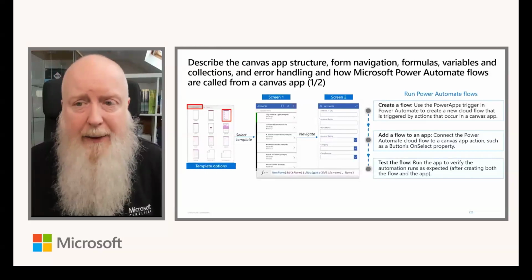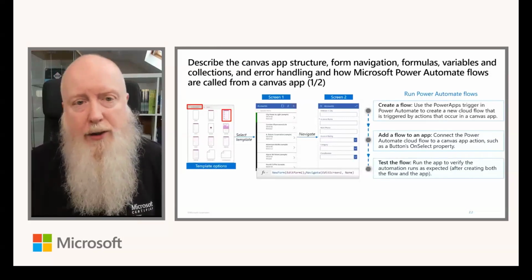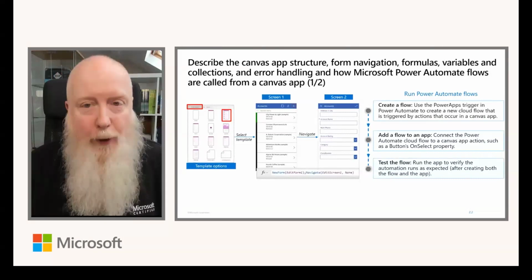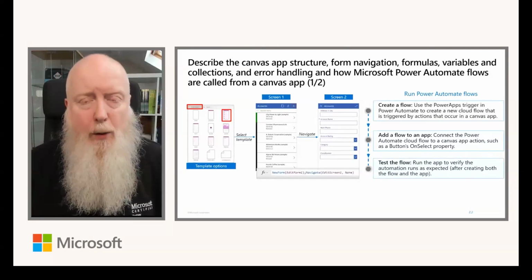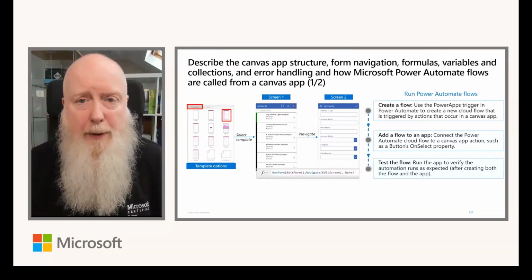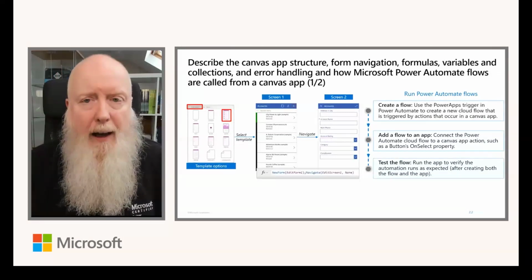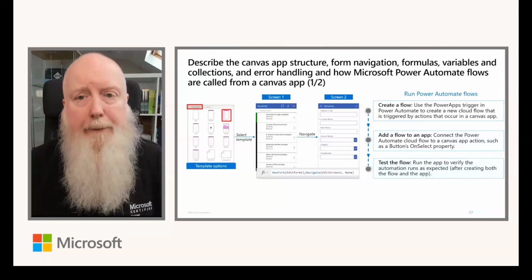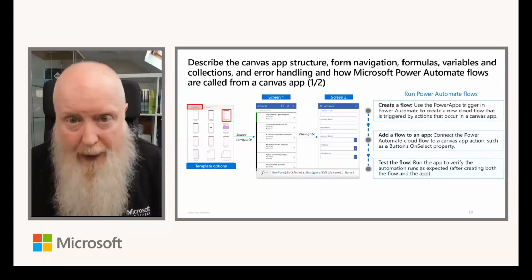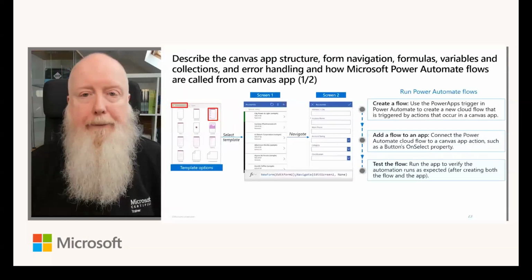So I use the Navigate formula to go from one screen to another, and I use the Back formula to go back. We'll talk about Power Automate later, but if you've got some complex logic, I can form that logic in a Power Automate flow. I can call that flow directly from the app, pass data to the flow, and get a response back.